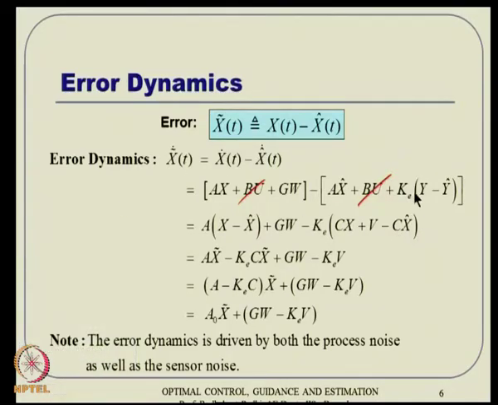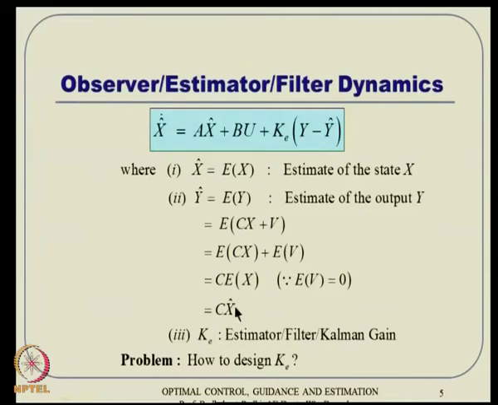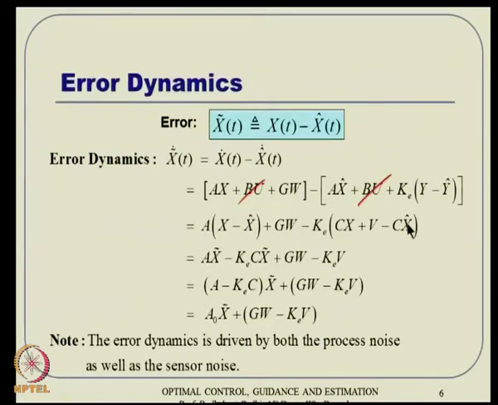Then you get minus Ke times y, which is nothing but Cx plus V, minus y hat, which is nothing but C x hat; we just derived that. So, this term is nothing but x tilde, so this is A times x tilde here, and then minus Ke times V, so this is Gw minus KeV here.